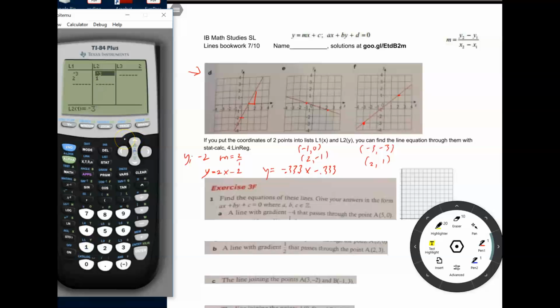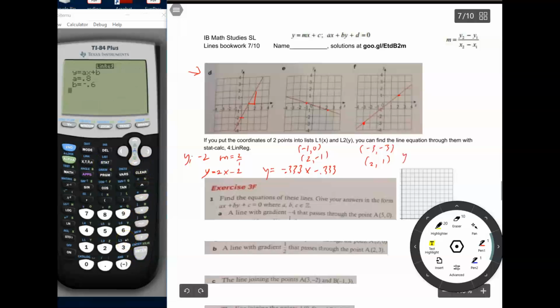Okay, -3, -3, 2, 1. Stat, calc, 4. y equals 0.8x minus 0.6.